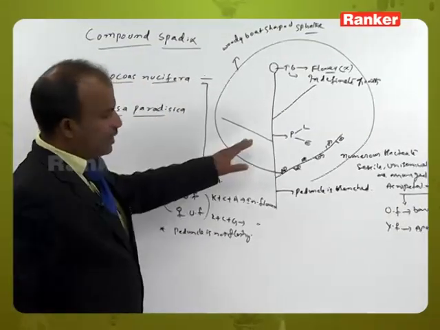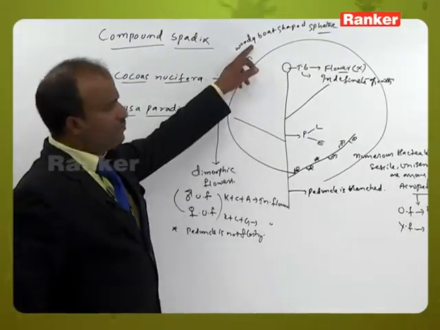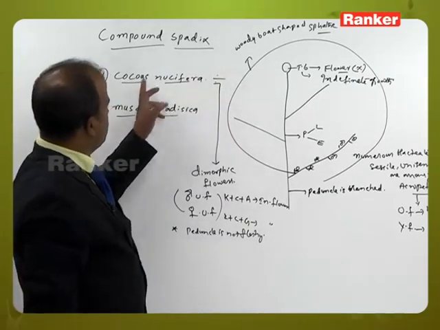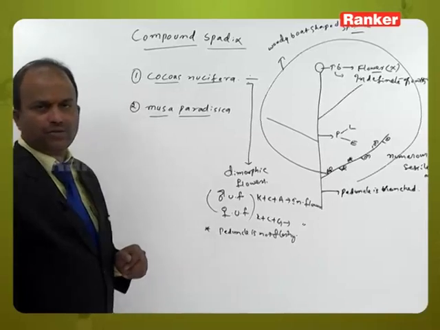That means for one inflorescence, one woody boat-shaped spathe is present. This is about the compound Spadix in Cocos nucifera.